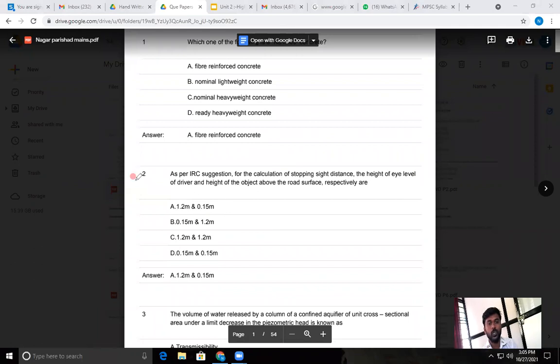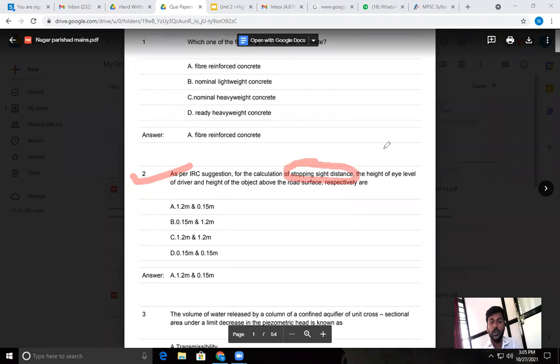In 2018, this question was asked: as per the IRC suggestion, for the calculation of the stopping sight distance, the height of the eye level of the driver and the height of the object above the road surface respectively are. And this is asked for stopping sight distance. This is a very important word. For SSD, it is asked.